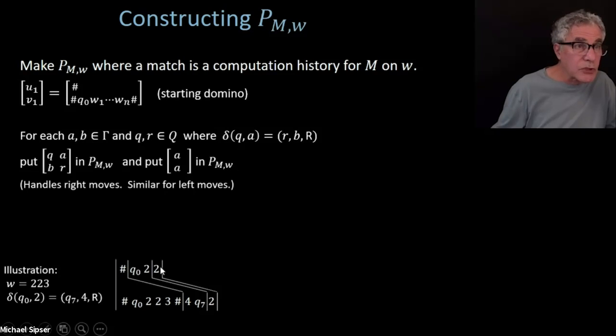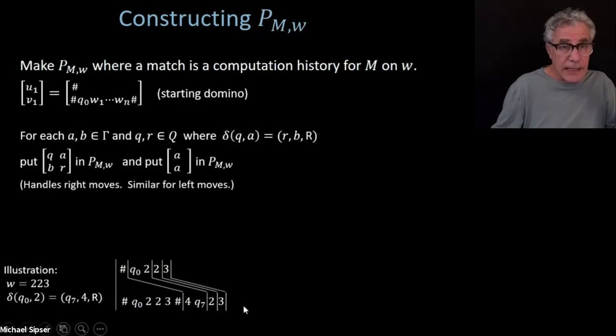So I can match up this 2 over here, but that forces me to put a 2 down over there. There's also going to be a 3-3 domino, which is going to match up with that 3, but it's going to force me to put a 3 down over there. That's the only way I can extend this match that I've built so far. I have no choice. Those are the only dominoes that I'm going to be given.